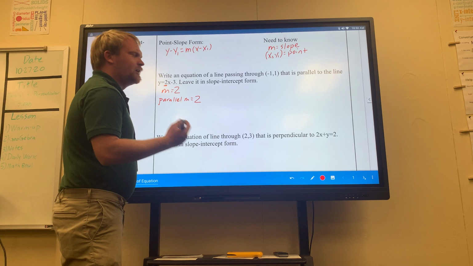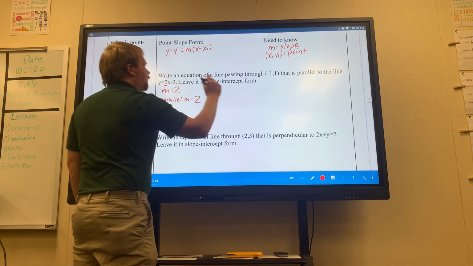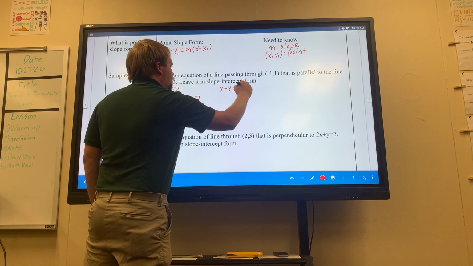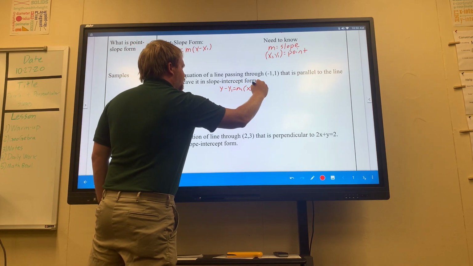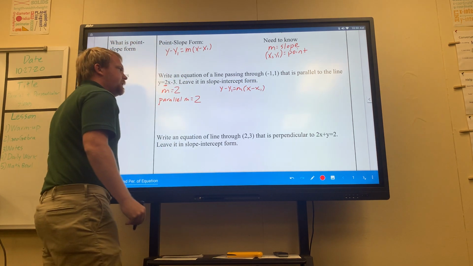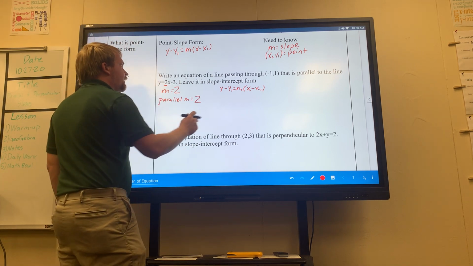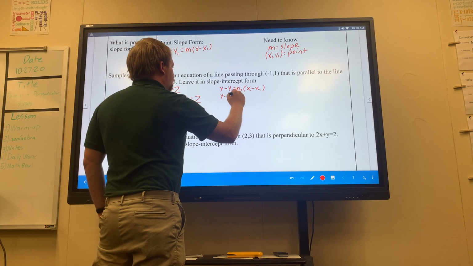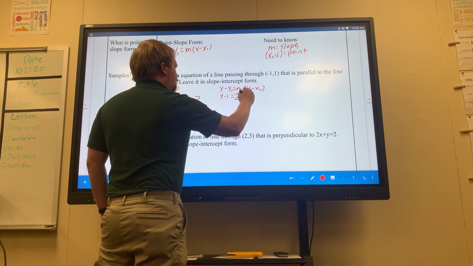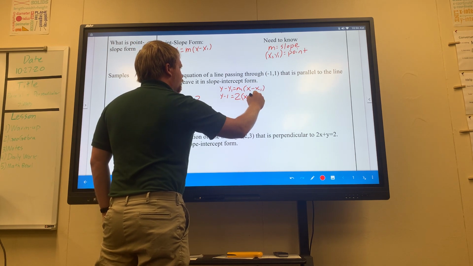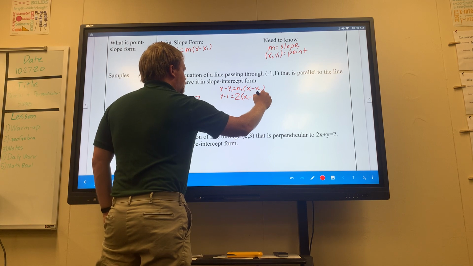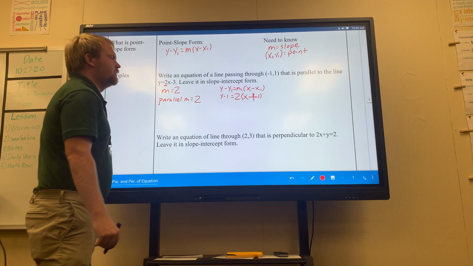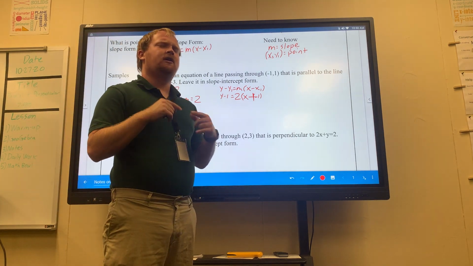Next, I want to put it in point-slope form: y minus y1 equals m times parentheses x minus x1. My y value is 1, so y minus 1 equals, the slope is 2, and the value for x1 is -1, but I make it a positive 1 because the two negatives cancel each other out.